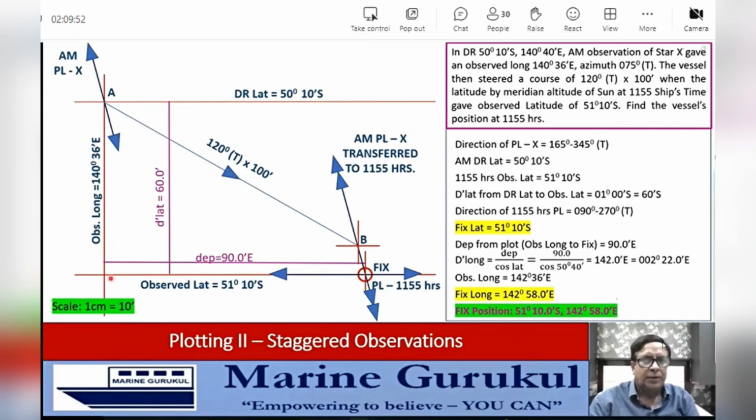This scale, which in simultaneous plotting was 1 centimeter equal to maybe 1 or 2 miles, had to be compromised to 1 centimeter representing 10 miles. That means the scale chosen had to be compromised upon. It became too small. The least count becomes small, and obviously the accuracy to read results would also be compromised.